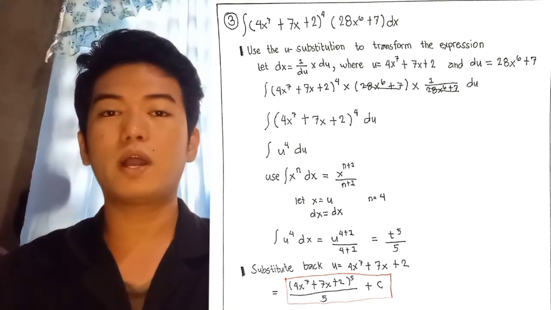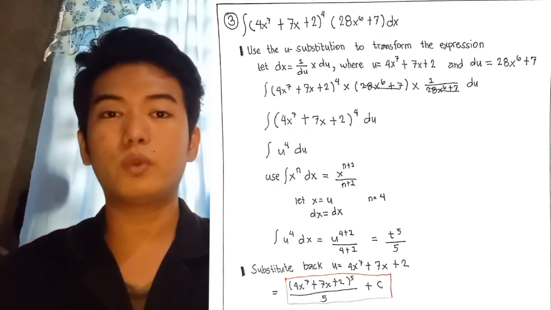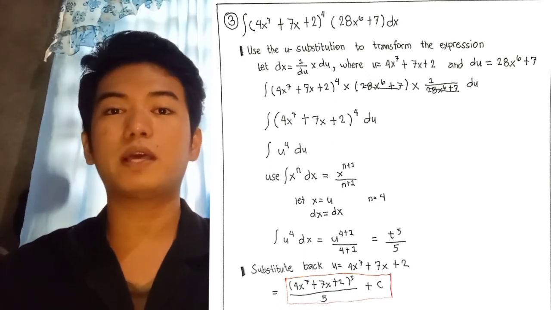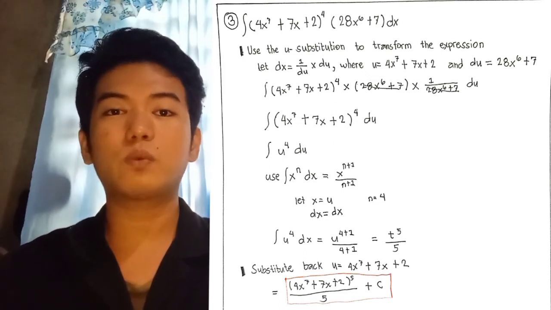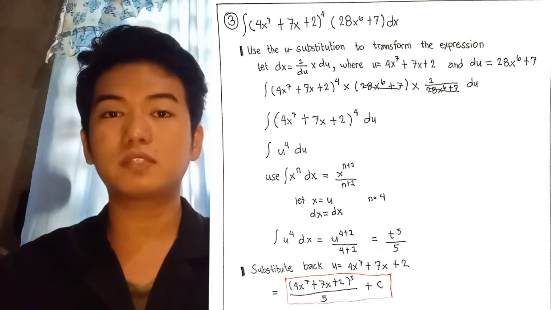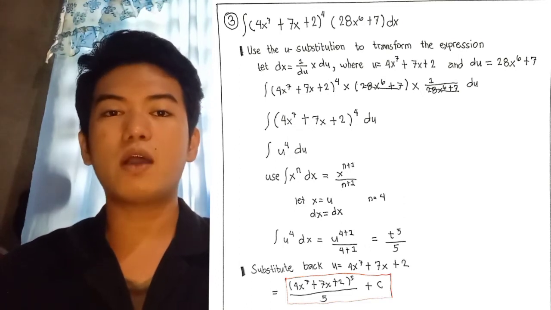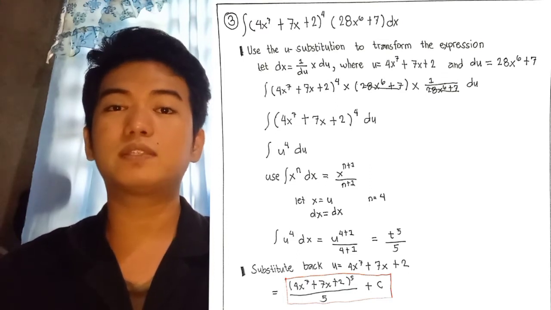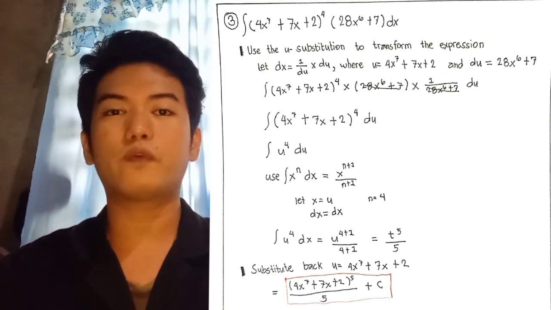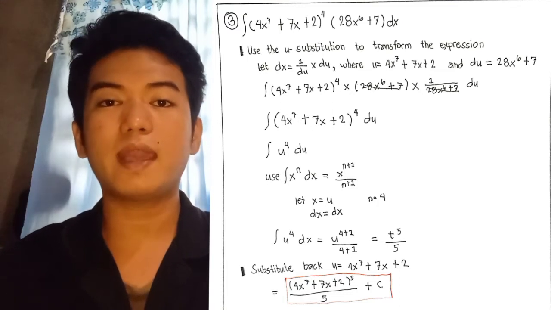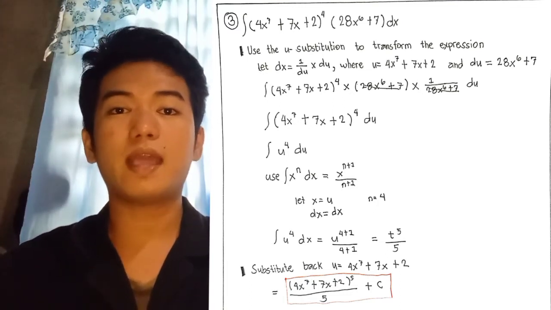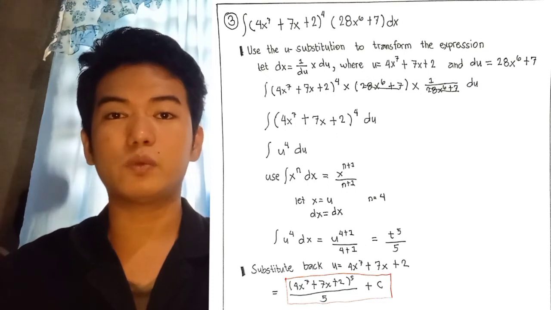Let dx equal 1 over du times du, where u equals 4x to the 7 plus 7x plus 2, and du equals 28x to the 6 plus 7. Now, we have the integral of 4x to the 7 plus 7x plus 2 to the 4th times 28x to the 6 plus 7 times 1 over 28x to the 6 plus 7 du.